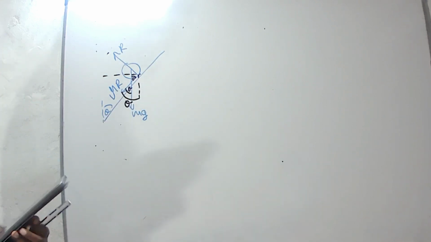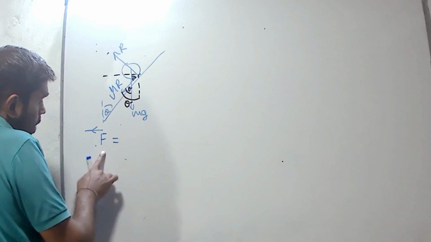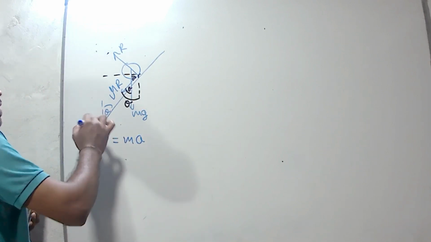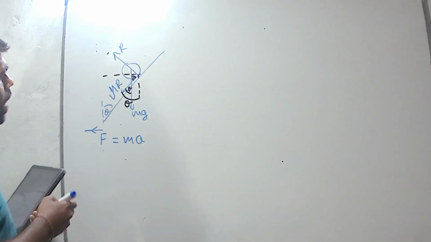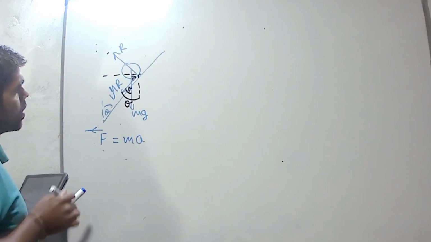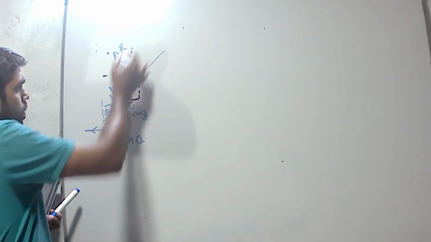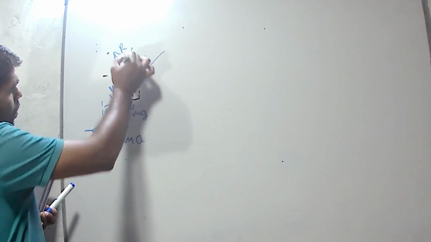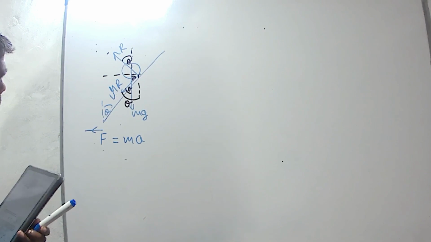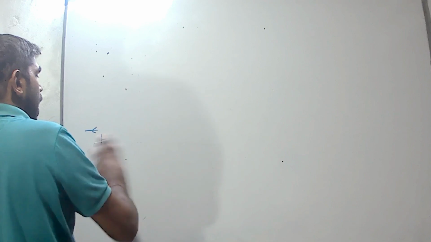Now I will write the equation for acceleration towards the center. We can use F equals ma. Force towards the center, we have to get this component of the R force. This one is 90 minus theta. Now this one is theta. I will draw a large diagram.